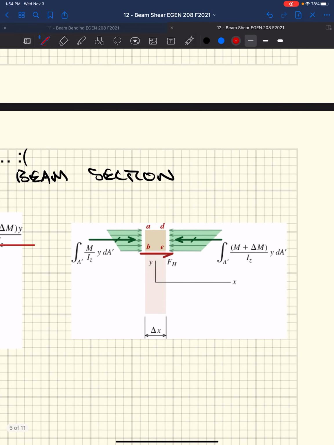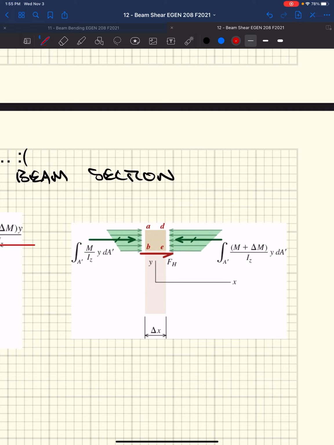And if we look at what's going on in the section above, going back to what we just did, but now we're looking at integrals, so all we're doing is saying we're summing over the area, which would create our force, right? So the integral of My over I over the area is the force, right? Stress My over I, integrated over the area, essentially just adding up all of the stresses over this area gives us a force.